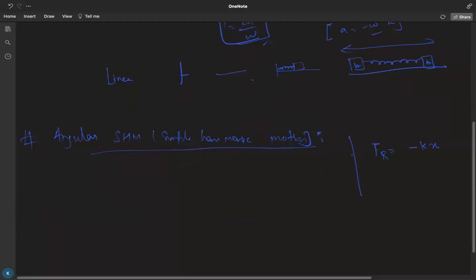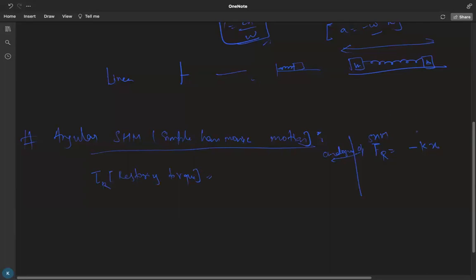In angular SHM we only have to take the analog. The analog of force is torque, so it is the restoring torque.